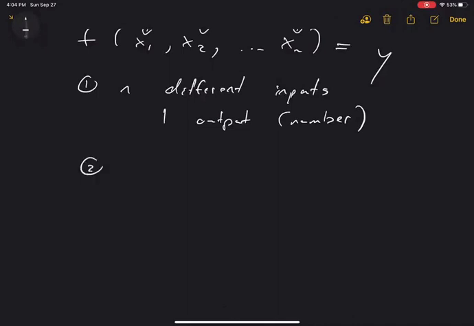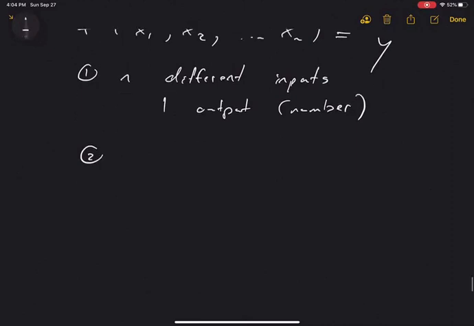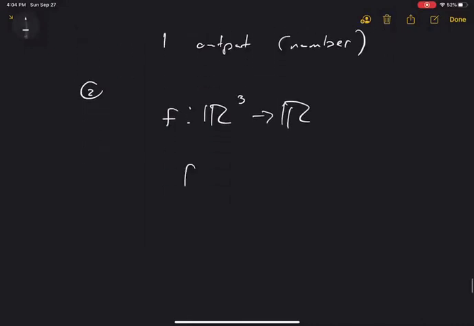Another way to think about it is, instead of n separate numbers, you could think about this as a point in the space Rn. For example, if you had a function from R3 to R, what would it look like? You would have something like f(x, y, z) equals alpha.